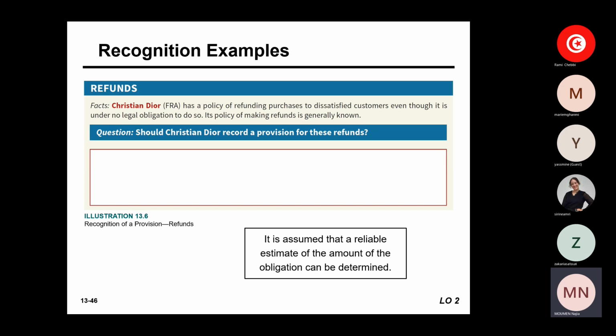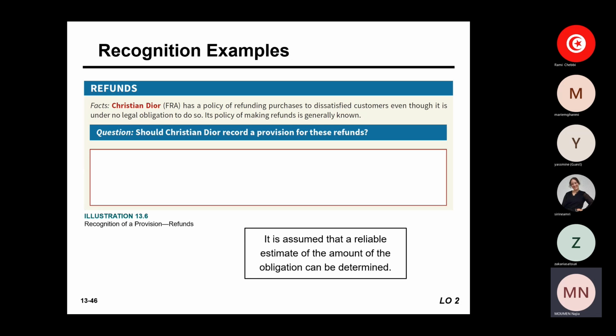So in this situation, if as Christian Dior or any other firm I'm selling these items, and I have that policy of refunding purchases to dissatisfied customers, it is actually a policy that I'm really making. So I have a reputation that any dissatisfied client will be refunded.